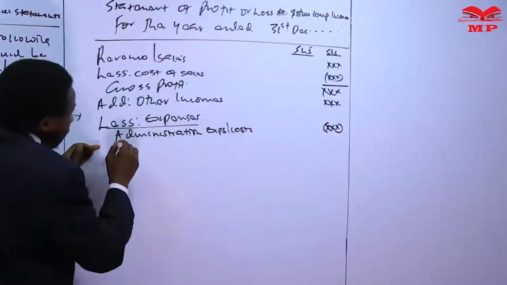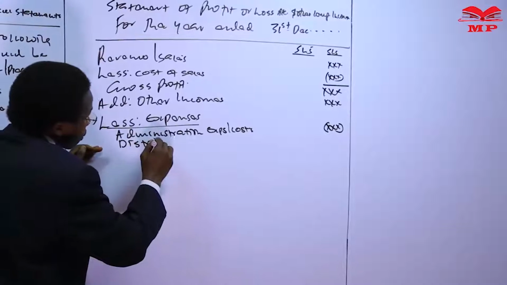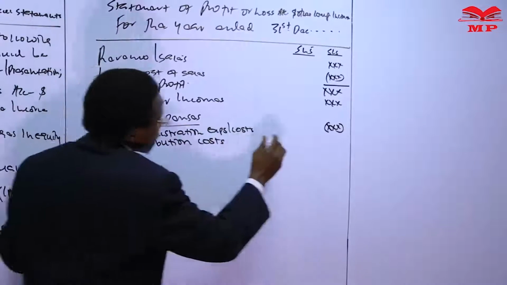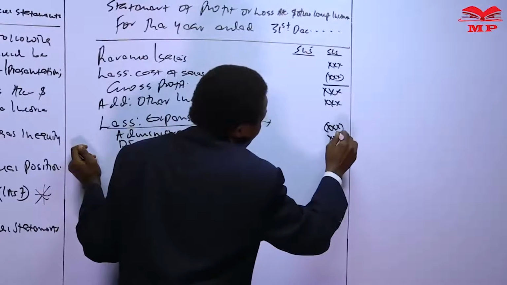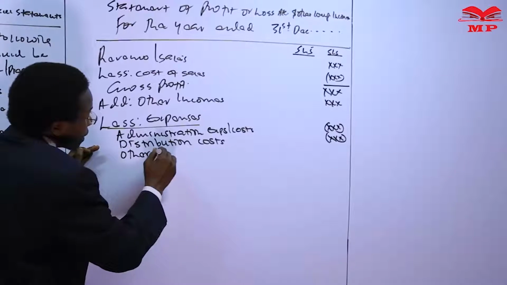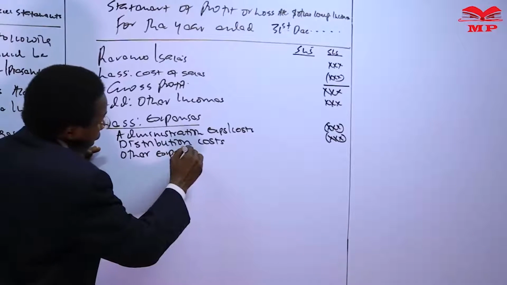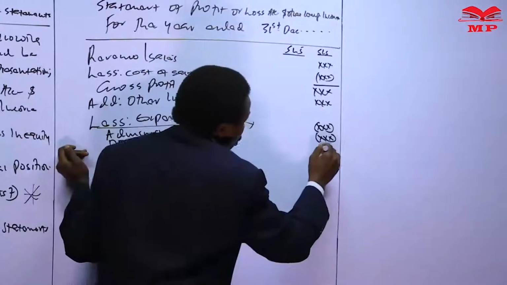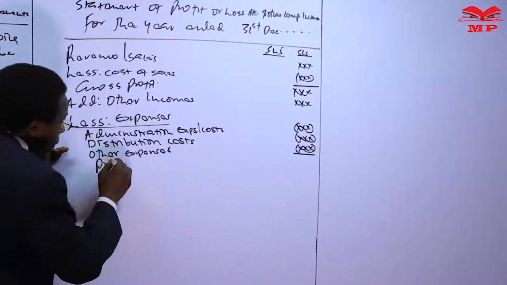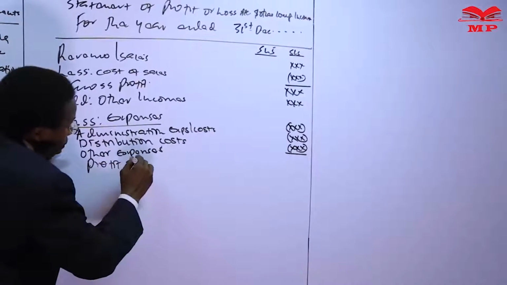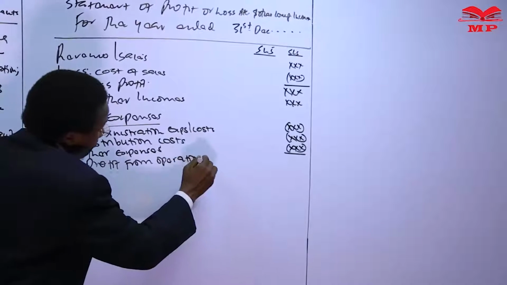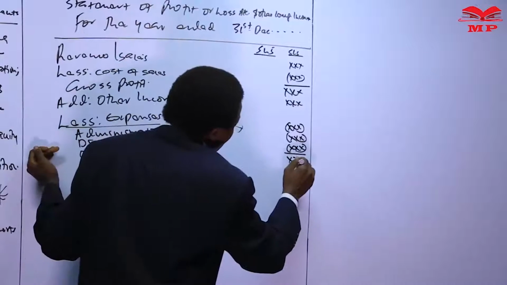Then we also have distribution costs or expenses, you subtract it directly here. You also have other expenses. Other expenses may be like impairment losses. Other expenses, you recognize it here and you subtract it. Then we have the profit from operations.